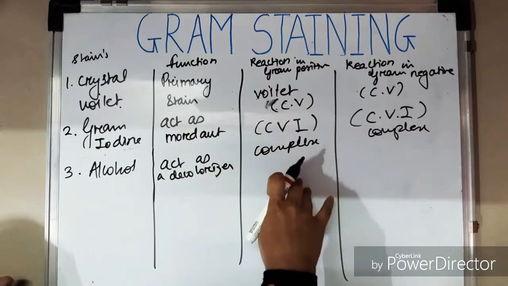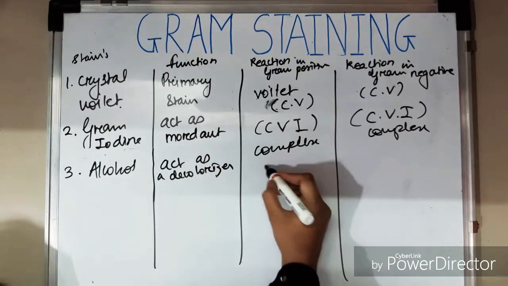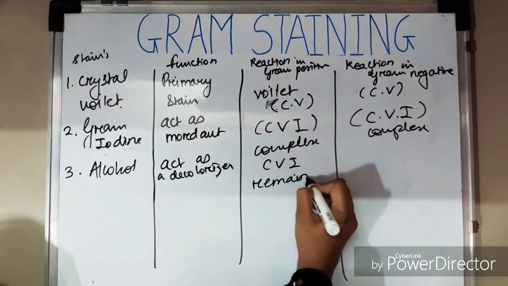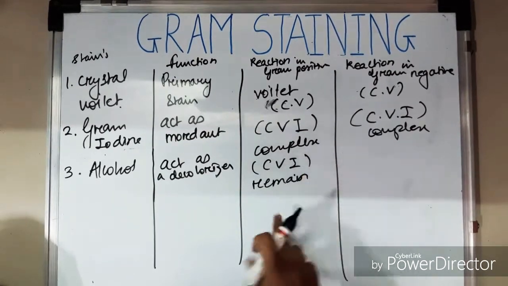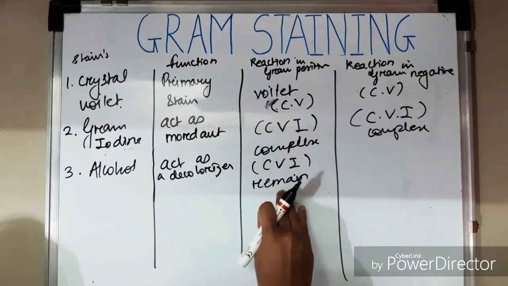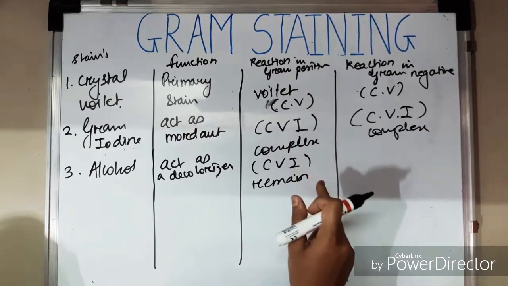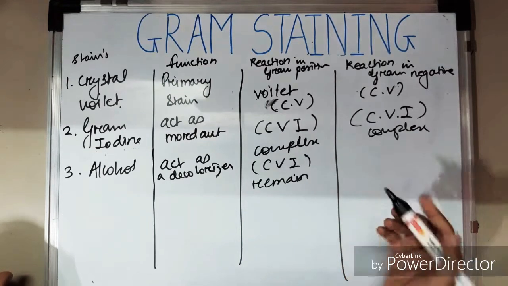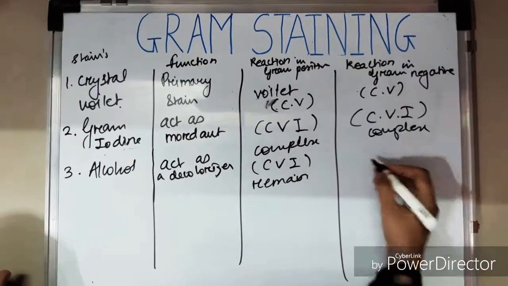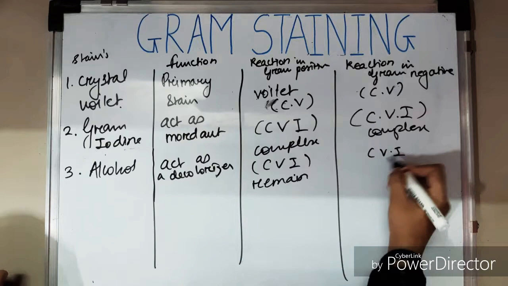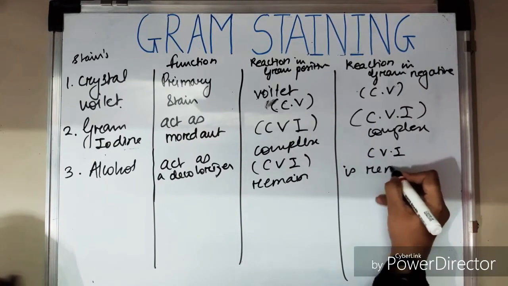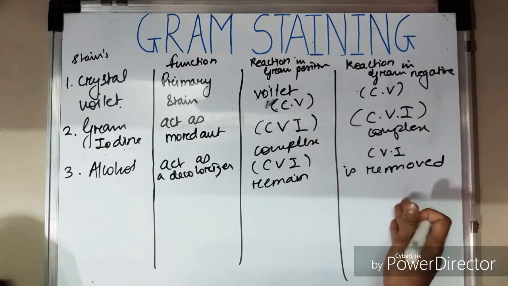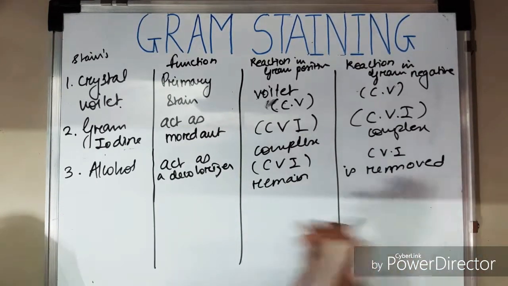So in the gram positive bacteria, the CVI remains the same. We'll study why the CVI remains the same in gram positive bacteria in the principle of gram staining. But in the gram negative bacteria, the CVI complex is removed. Means what? That the stain from here is completely removed.